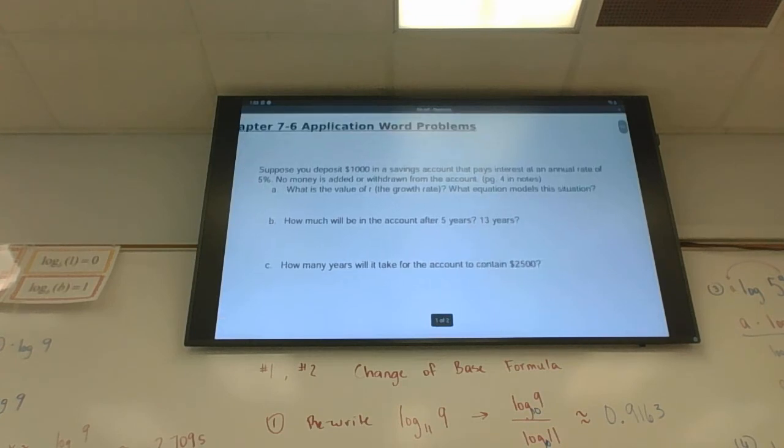Suppose you deposit $1,000 in a savings account. Oh, you want me to read it out loud? Yeah. I'm going to read it.